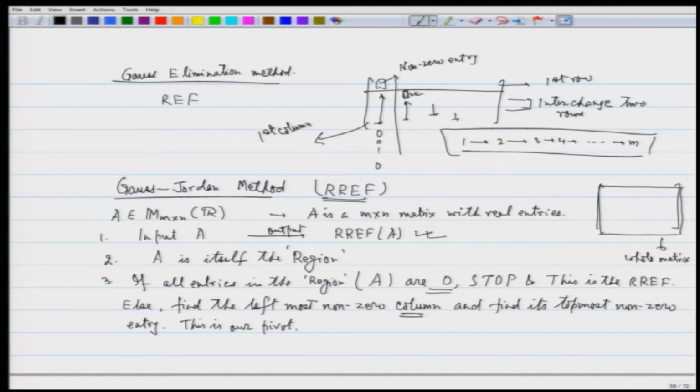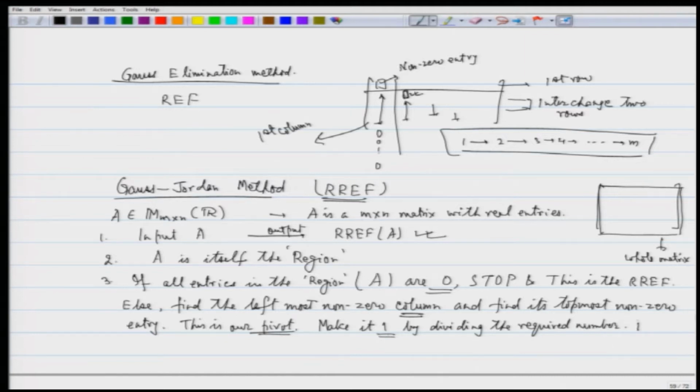Make this pivot 1 by dividing by the required number. So we have a non-zero entry, this has become a pivot, and we have also made it 1.